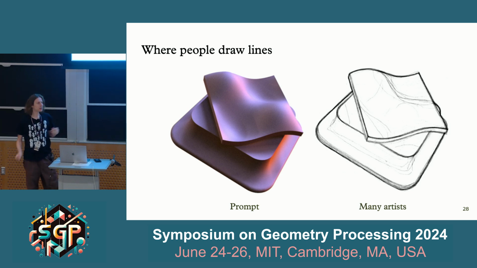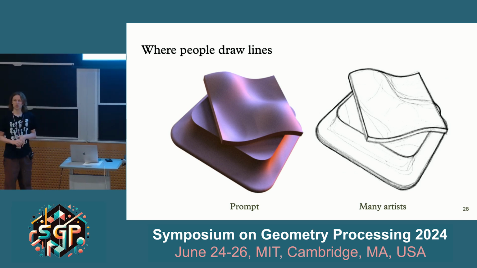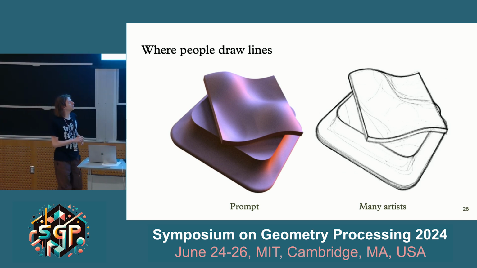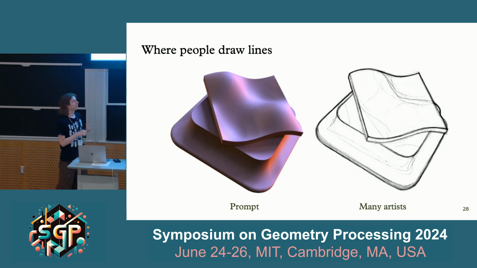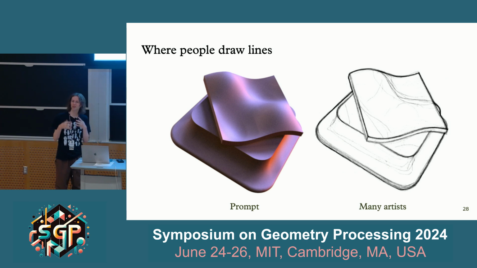So if we think more about what's happening in the sketch in general, we know a little bit. There have been quite a few perceptual works in this area. We know some of the lines that people draw. In this experiment, the researchers showed this little rendering to artists and asked them to draw it using just lines, using curves.